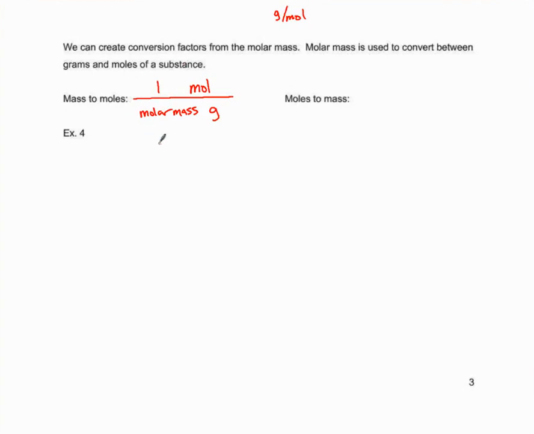This is just flipped upside down, and now we have moles per however many grams. For moles to mass, it would be like this. 1 mole has a certain number of grams, and that number is the molar mass.